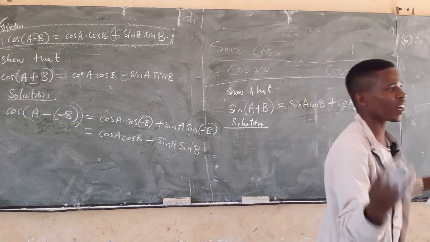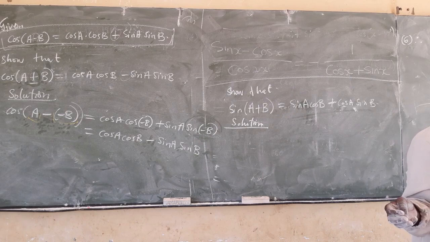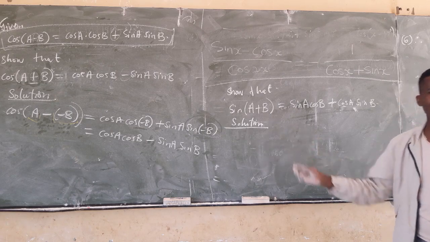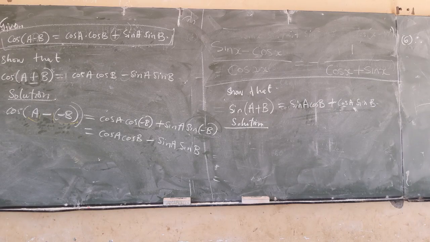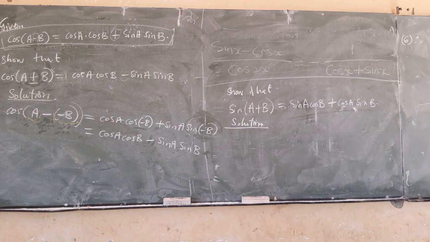Identity? That's an identity, I think it's quite an identity. What there is only is the third one. That is co-function. Because if you want to change sine to cos, you take the co-function.